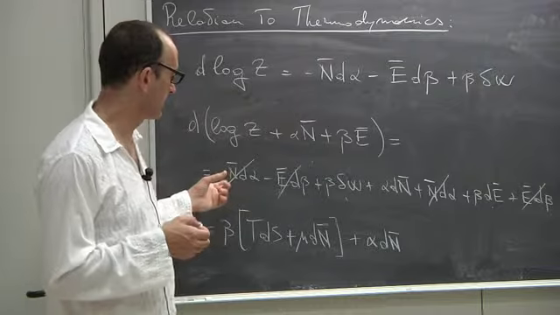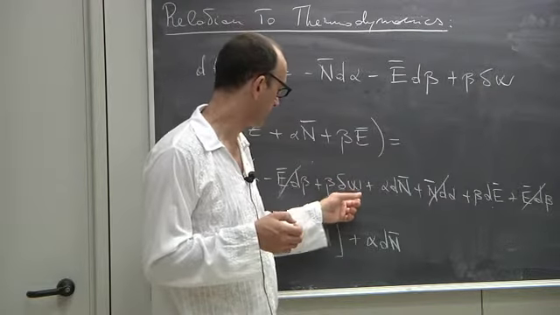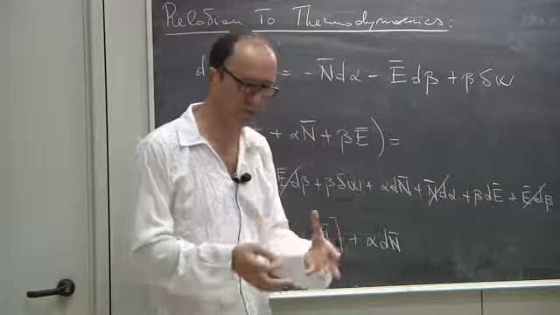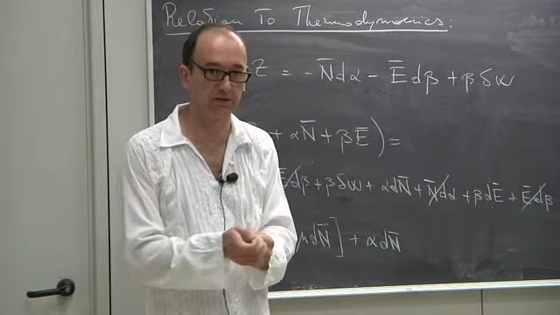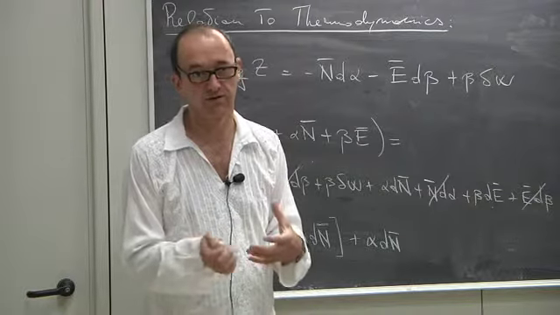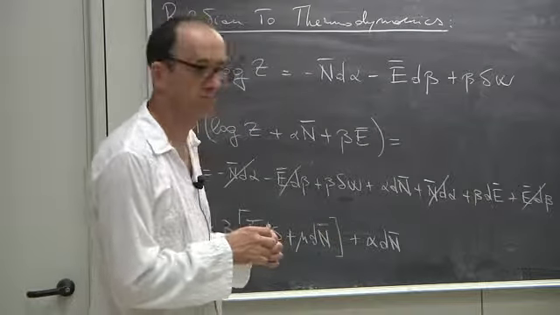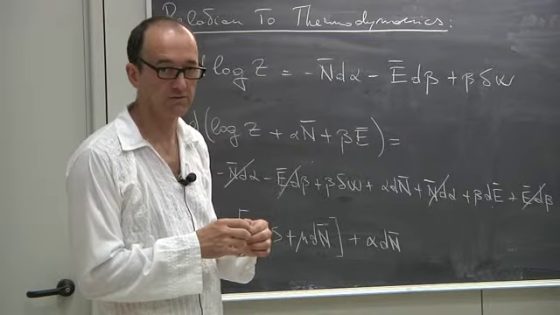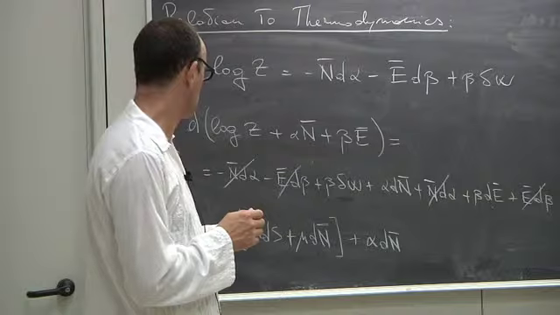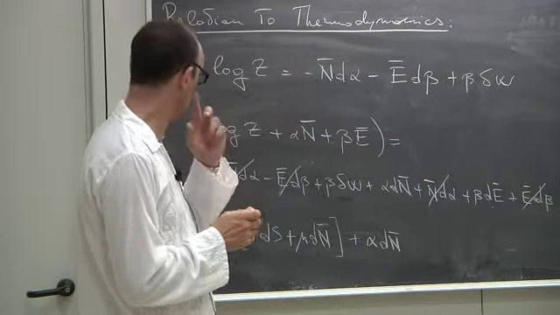For example, we have considered the work, which comes from the fact that if you do a transformation, you can change the energy levels. You don't change the number of particles. So alpha d N bar, beta d E bar will be equal to 0.